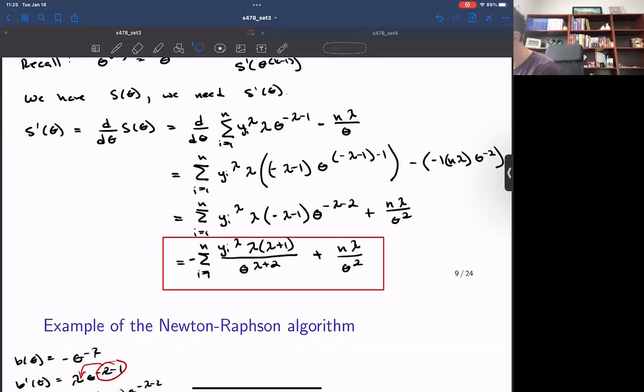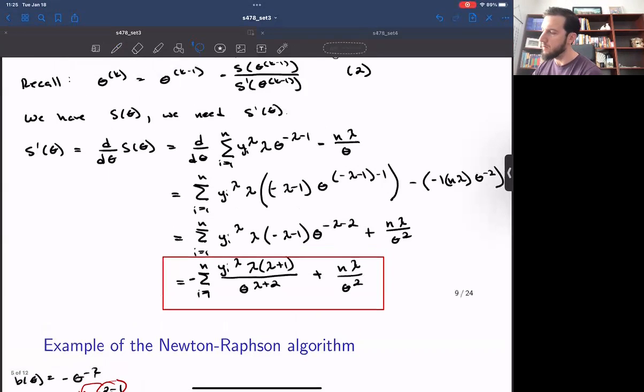I think that's good. Okay, so this is our expression for the second derivative. The process from this point, actually the hardest part, is deriving the score function and the derivative of the score function.